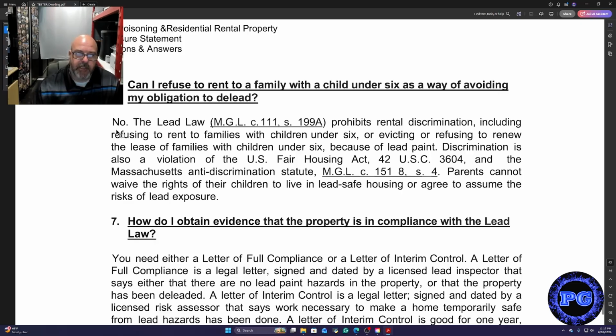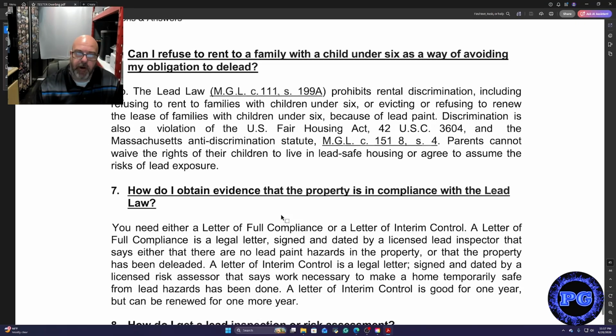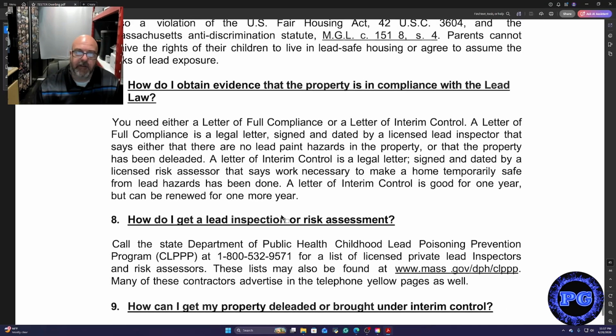And the law says no. The lead law, MGL C111 S199A, prohibits rental discrimination, including refusing to rent to families with children under 6, or evicting, or refusing to renew the lease of such families. So don't get yourself in trouble with this. It's the law. Just de-lead the property after you get it inspected.